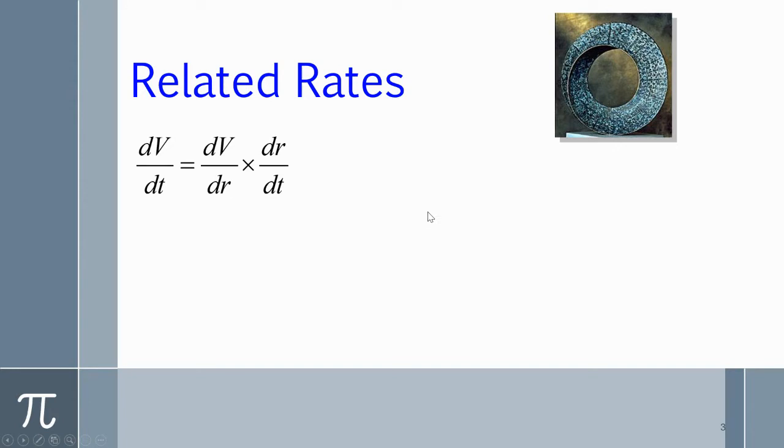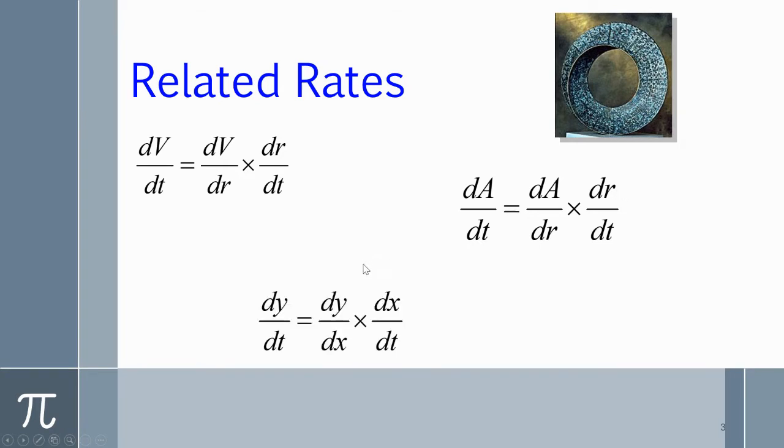Various related rates will be used, and every time we use the chain rule, dV/dt is dV/dr times dr/dt when the volume varies with time and the radius varies with time. Or when we have area and radius, area varies with time and radius varies with time.